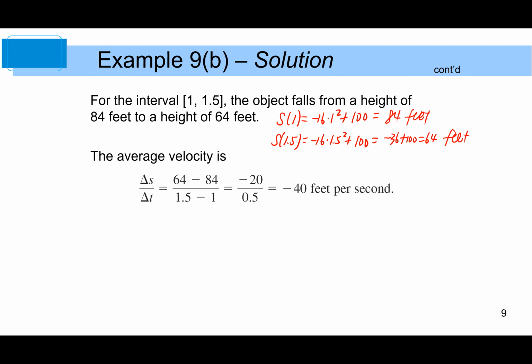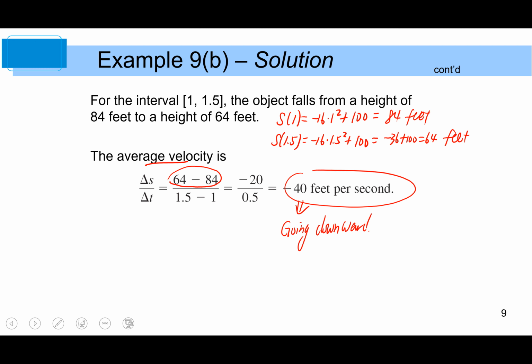Now we find the average velocity using change of distance over change of time. Using 64 minus 84, that's the change of distance, and 1.5 minus 1, that's the change in time. So it becomes negative 20 over 0.5, giving us negative 40 feet per second. Again, this is negative, meaning it's going downward, and from the context we know the ball is going downward.